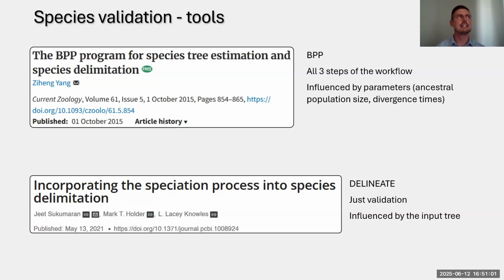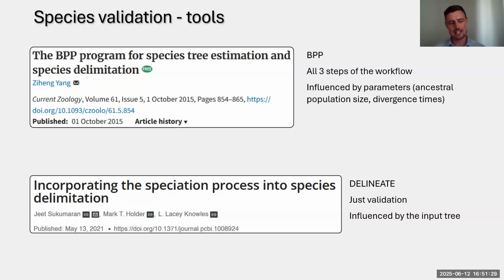But again, it's largely influenced by the values of some parameters, like the ancestral population size of the species and the divergence time of the species. And again, these are hard to estimate for our fungal species.